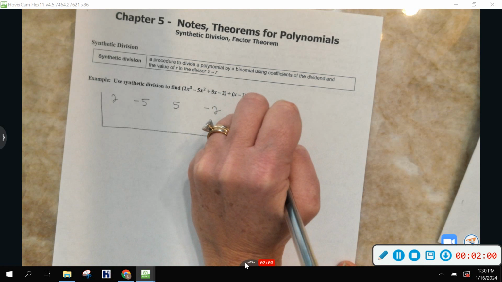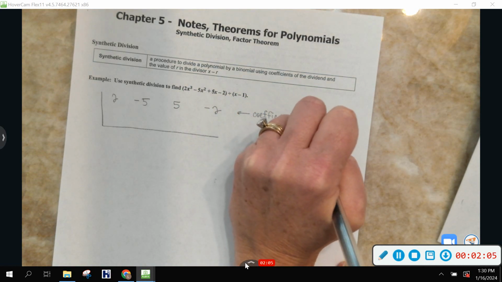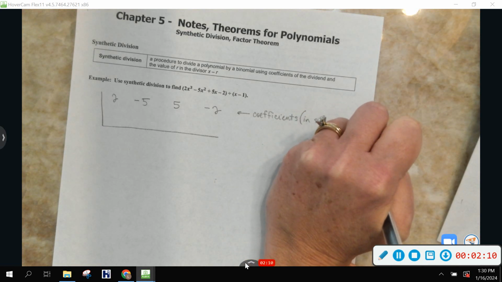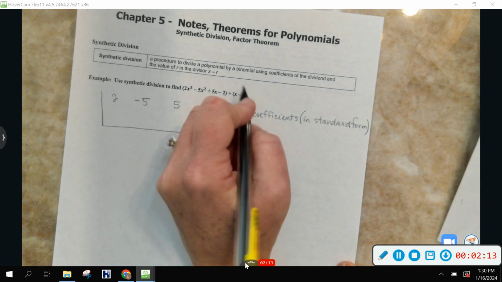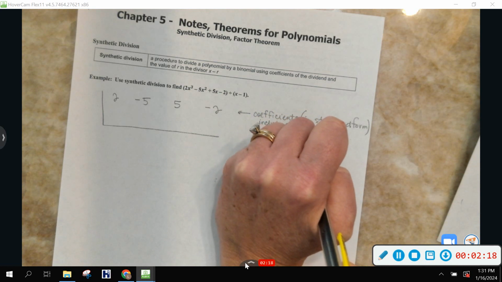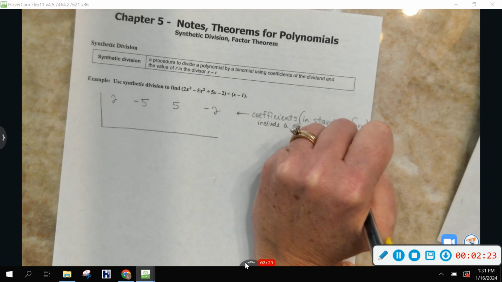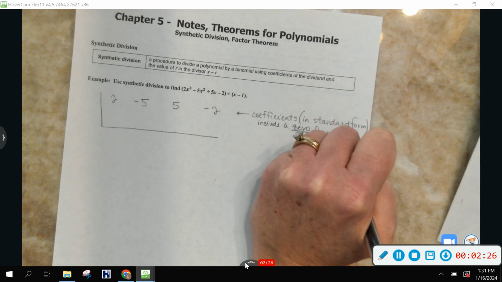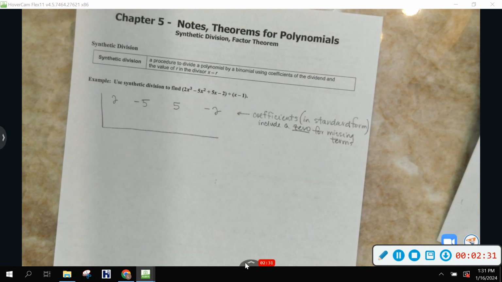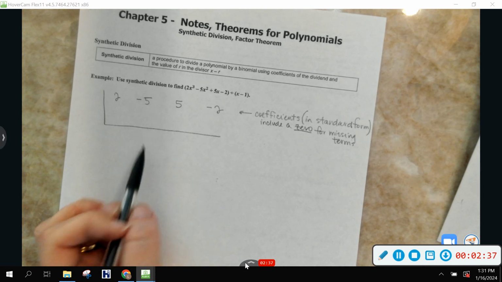So if we want to make some notes here, these are all the coefficients in standard form, so from high to low, and I would need to include a 0 for any missing terms. So let's say I didn't have this piece. I just had 2x cubed plus 5x minus 2. I would have to put a 0 in the x squared spot to hold its place.